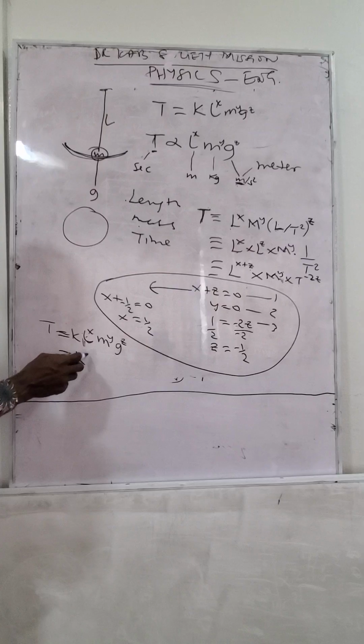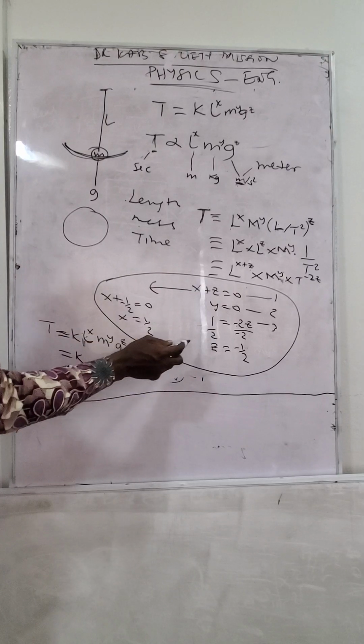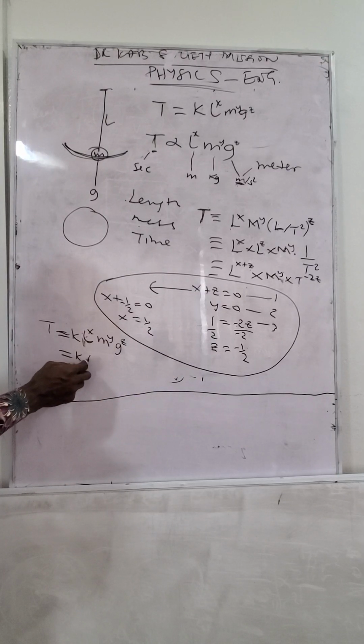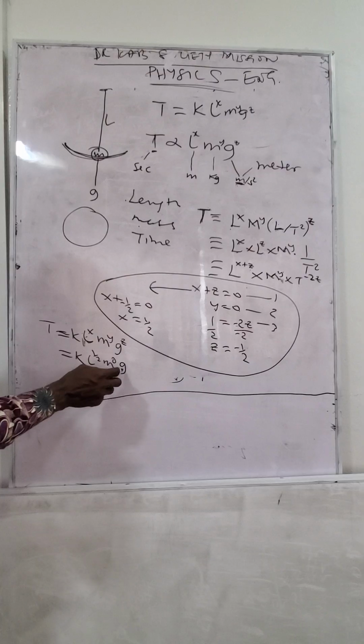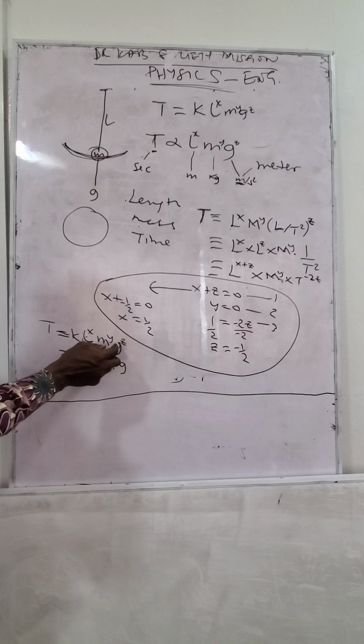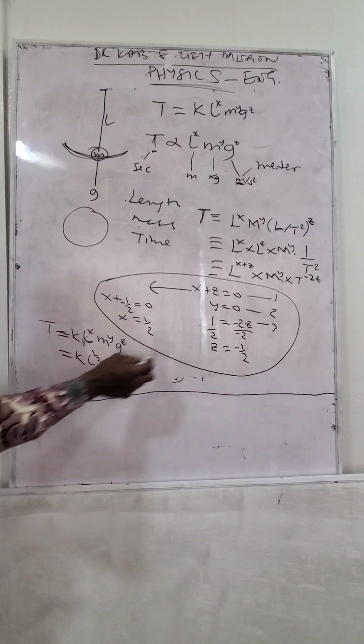This will be equal to K, L to the power X, which is half. And Y is 0. Z is negative half.